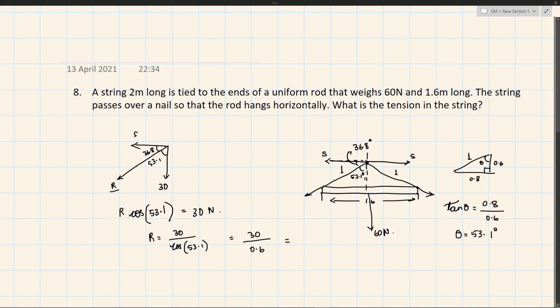So 30 divided by 0.6 is 50 Newton. So the tension in either side of the string is given by 50. So this is how the free body diagram looks like for the tension.